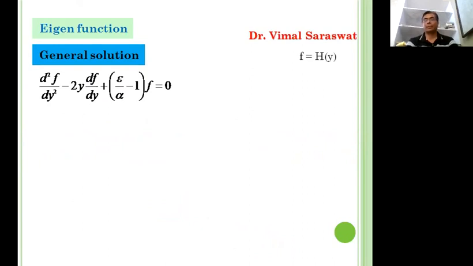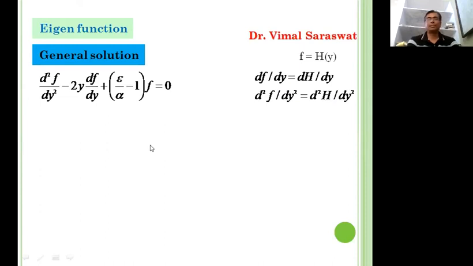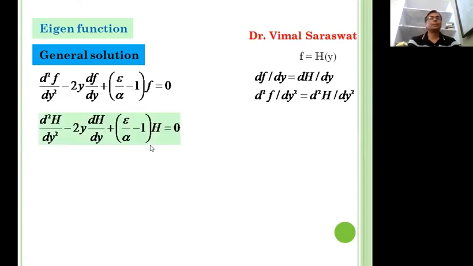Since f is equal to h of y, df by dy is equal to dh by dy and d2f by dy2 is equal to d2h by dy2. If we substitute all these three values from here to here, then this equation in terms of h will be d2h by dy2 minus 2y dh by dy plus e by alpha minus 1 h equal to 0.